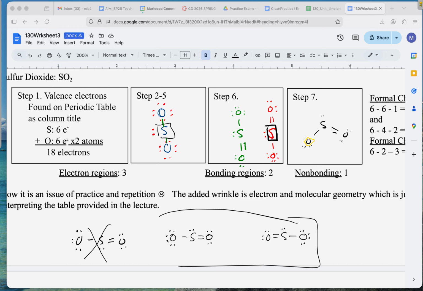Okay, so if we look at the yellow square, we've got 4 regions of electrons, so that would be a tetrahedral electron geometry. What would its molecular geometry be? Well, I see 3 regions of non-bonding and 1 region of bonding. What does that correlate to? That's now the linear shape. So if I want to look at the shape for the oxygen, I would call that a linear shape.